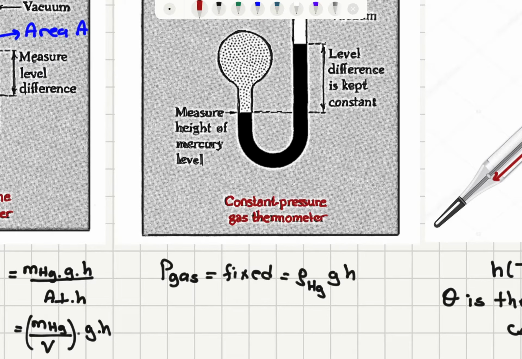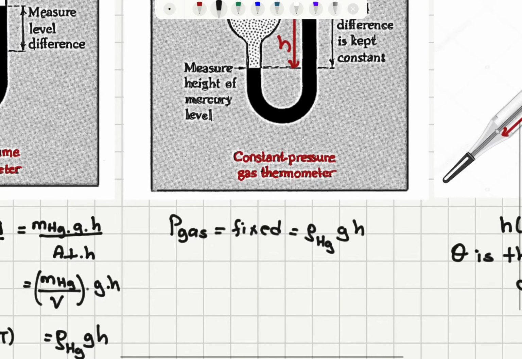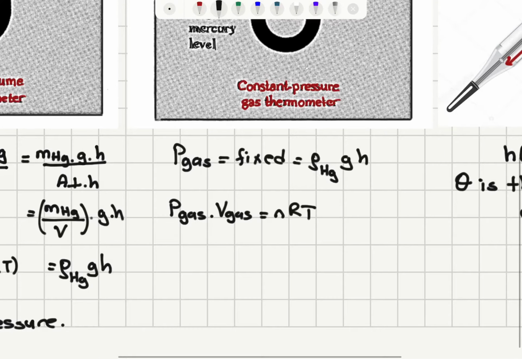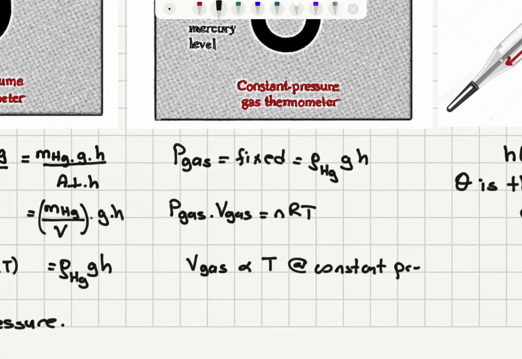So H is this height of the column on the right-hand side here. And therefore, since we have the pressure of the gas multiplied by the volume of the gas equals nRT, under constant pressure, the volume of the gas is proportional to temperature at constant pressure.